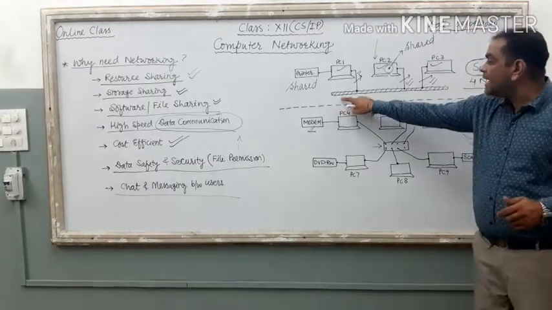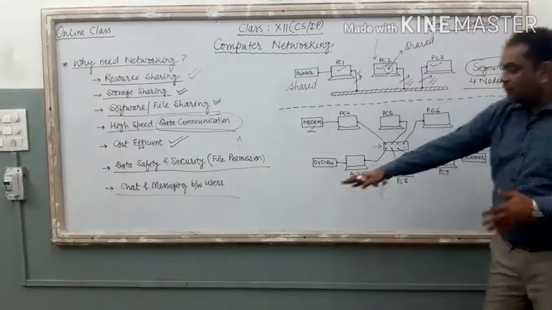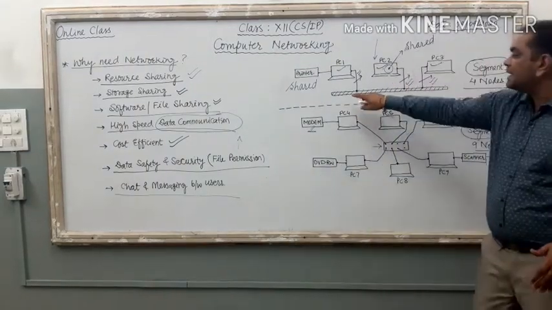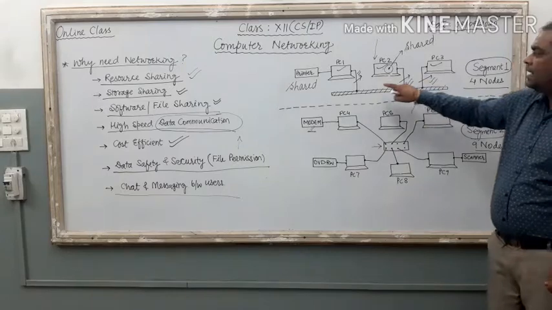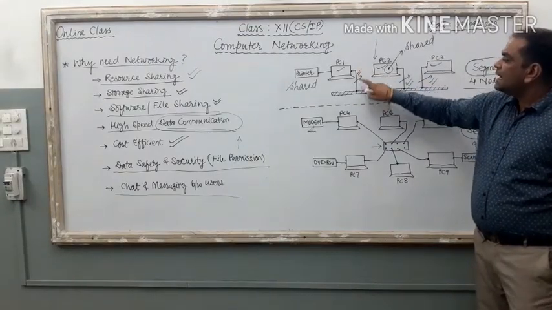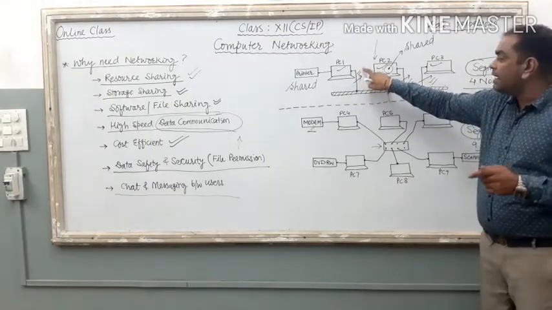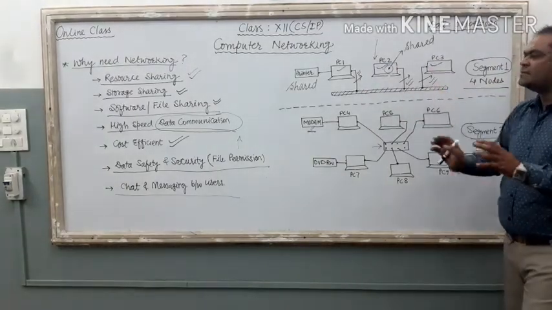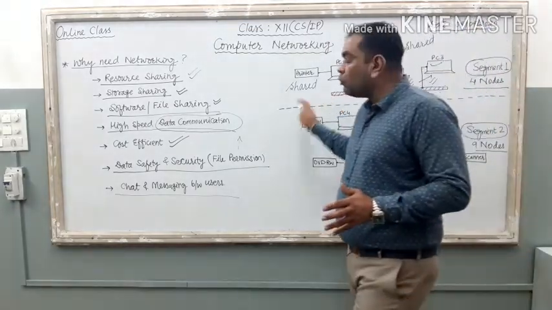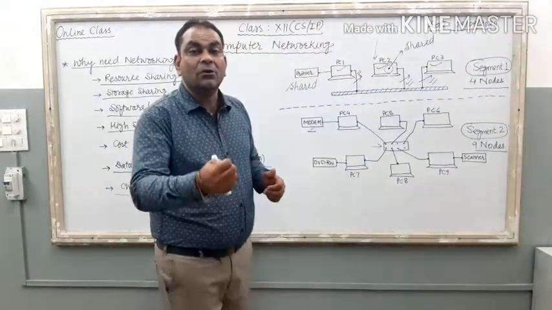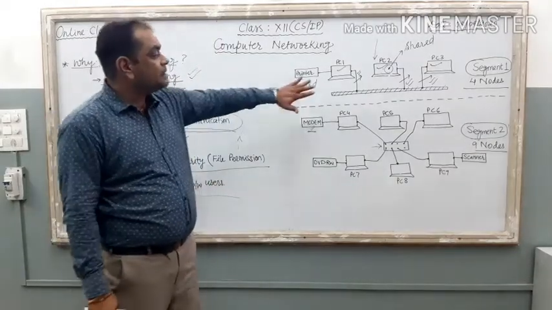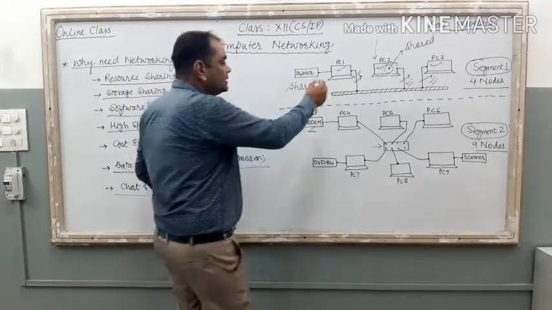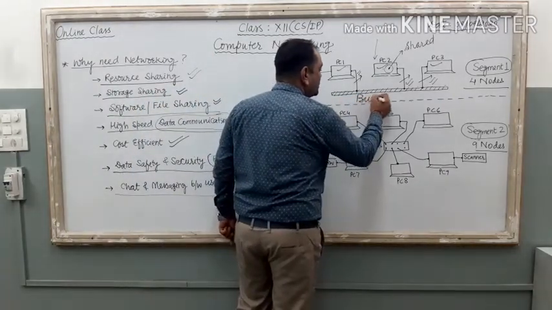I just attach a core wire on the wall, and small wires from each and every computer to the central wire. It is known as the style to form a network. The style is known as topology. The name of this topology is bus topology.